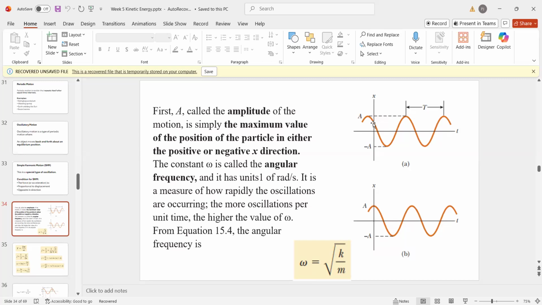The period deals with the time, and the frequency is... So what's the relationship between the frequency and the period?